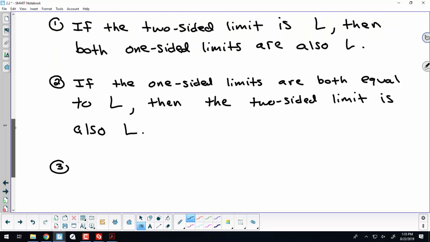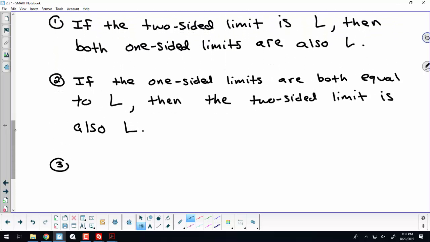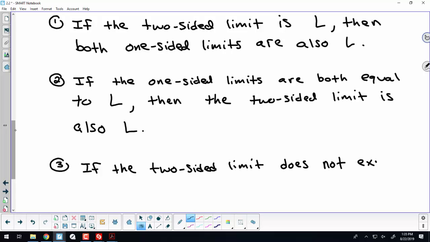So the third thing we could say is that if the two-sided limit does not exist, and maybe we can answer this, if the two-sided limit doesn't exist, what does that mean about the one-sided limits?